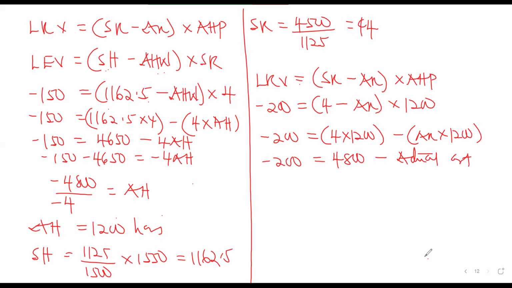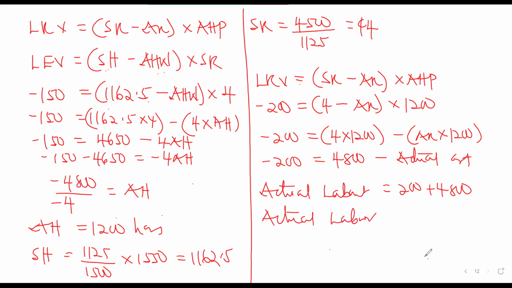Can we say that the actual rate multiplied by the actual labor hours worked is the actual labor cost? Yes. So our actual labor cost will be equal to 200 plus 4,800, and that will give us an actual labor cost of 5,000 Ghana cedis.